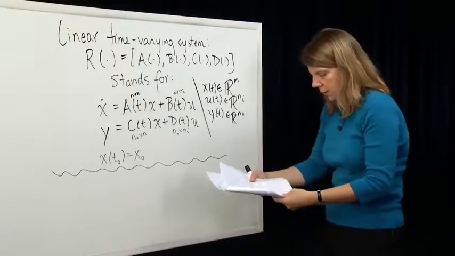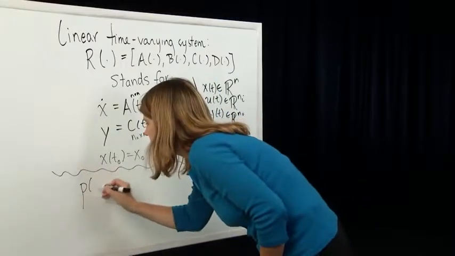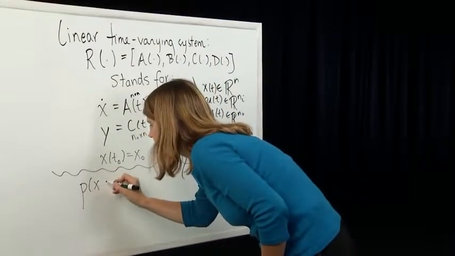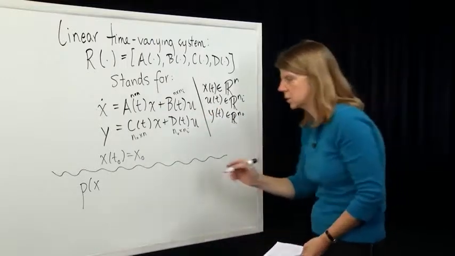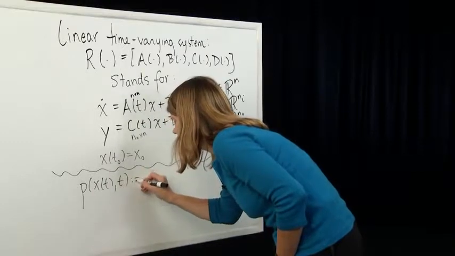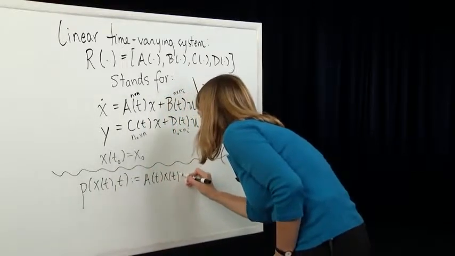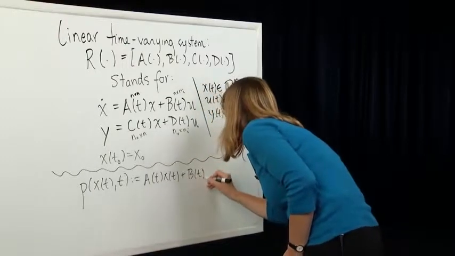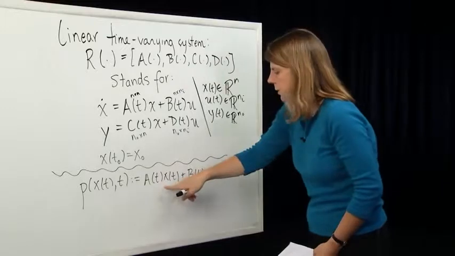Okay, so if we define, for example, p of x, t, the right-hand side of that differential equation, to be A of t, x of t, plus B of t, u of t. So x is to be determined.